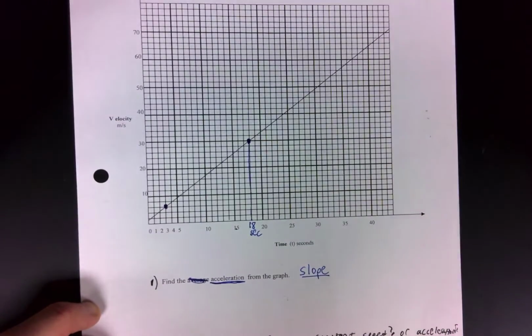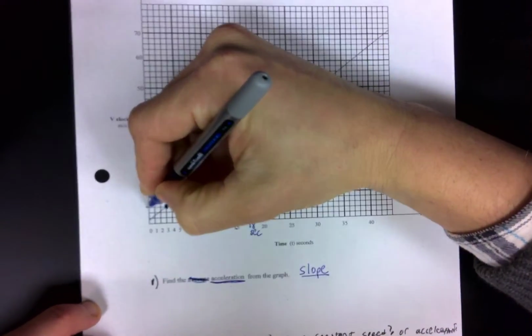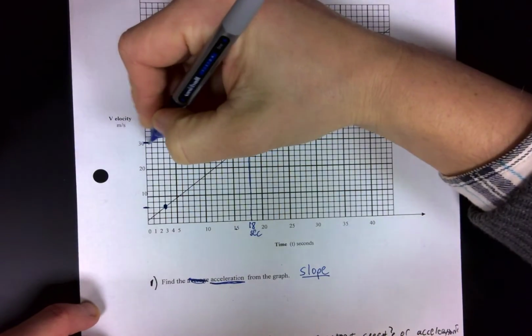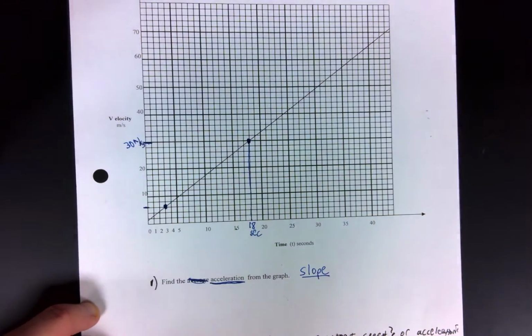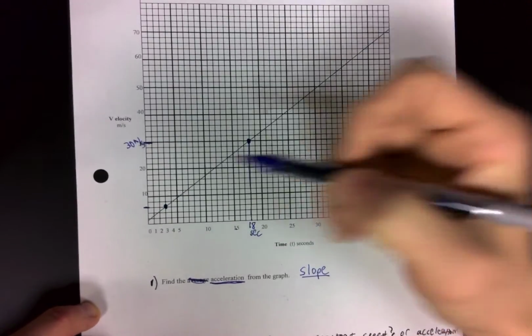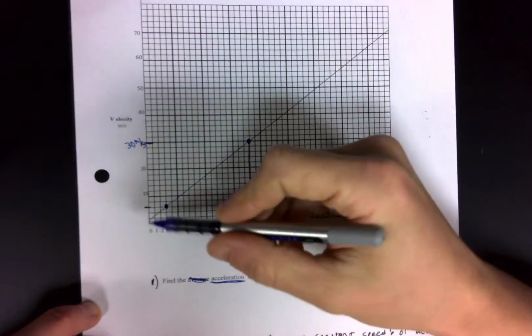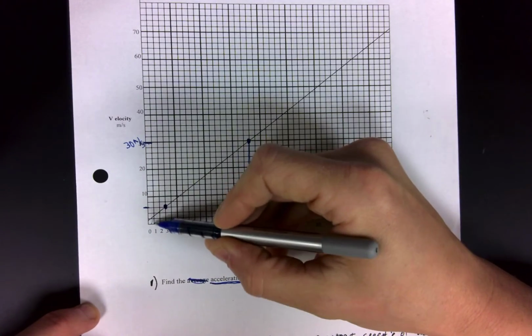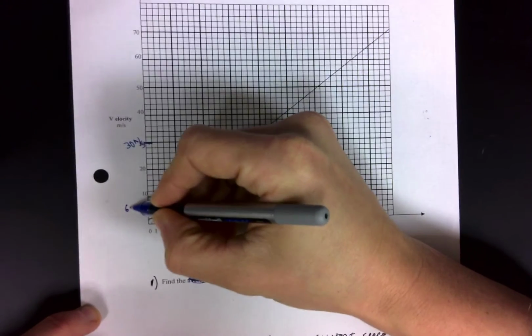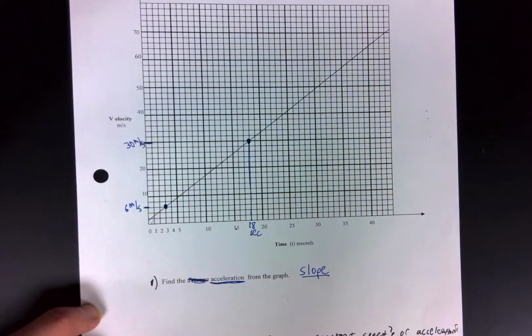All right. And let's look on the side here. Oh, that point is at 30 meters per second on the y-axis, and each box going up, we should notice, is worth 2. So this is at 6 meters per second right there.